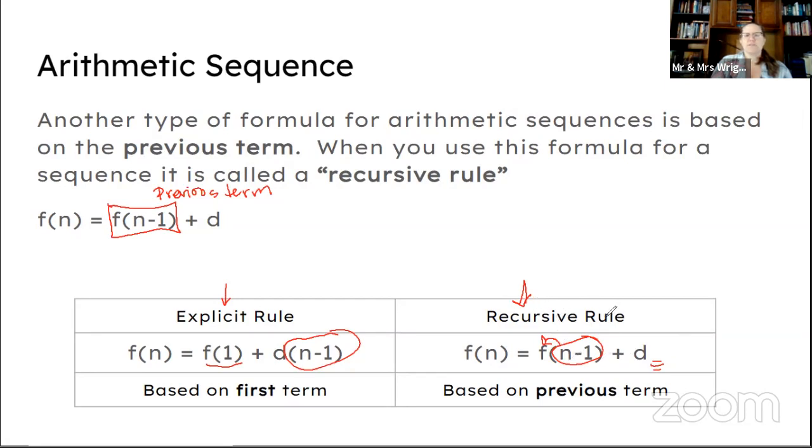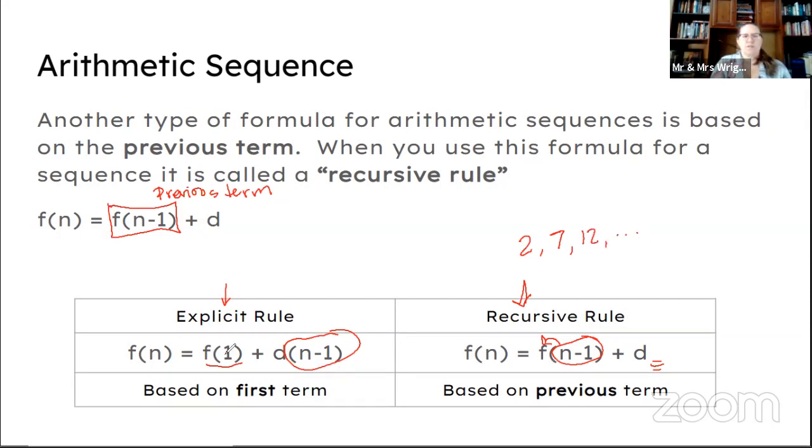So basically, the recursive rule is just a matter of adding to each term what the common difference is. So if your common difference is 5 and you had a term of 2, your next term is going to be 2 plus 5, which is 7, plus another 5, 12, and you're going to keep going.